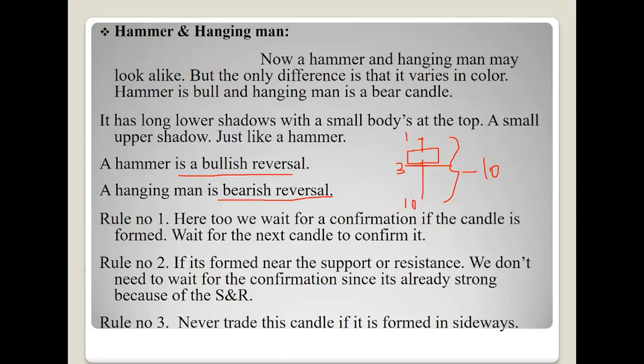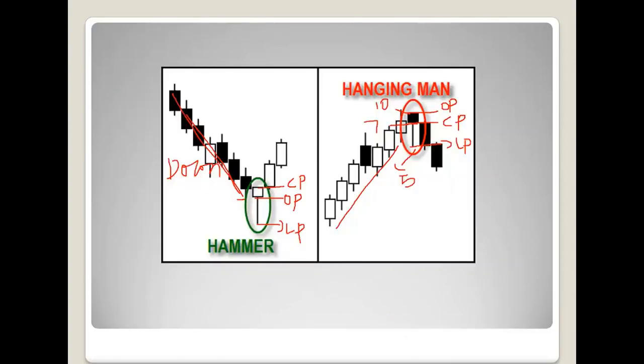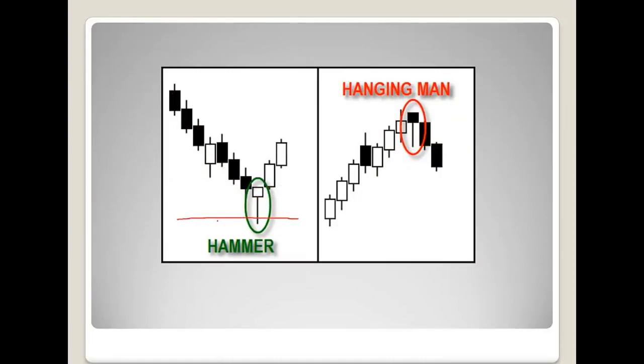And then rule number 2 is, if it is formed near a support or a resistance, we don't have to wait for the confirmation. The hammer has to be formed near a support. So consider this as the support, and the hammer has formed near the support.